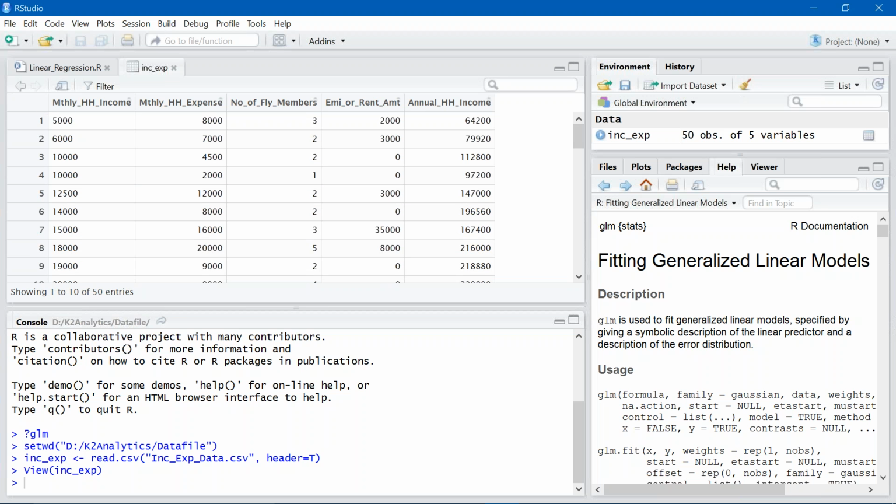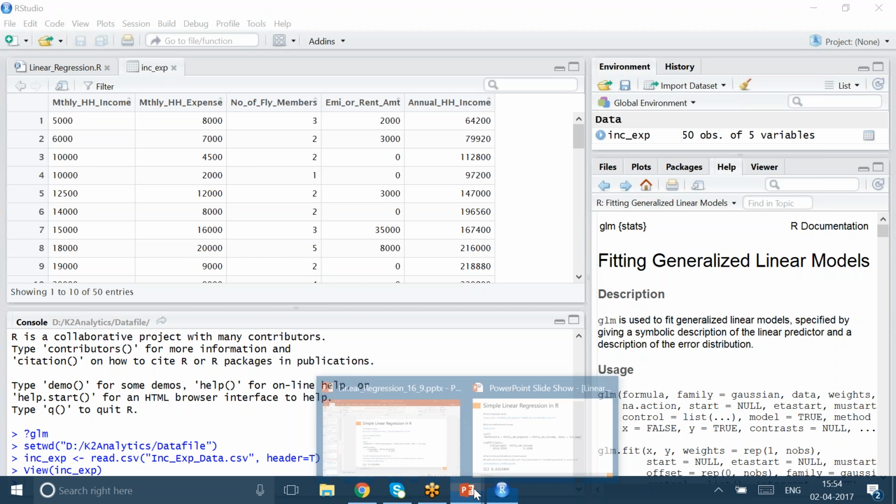What we have to do is establish a relation between expense and other predictor variables. Expense is my dependent variable. Monthly household income, number of family members, EMI or rent, and annual household income are all my independent variables.